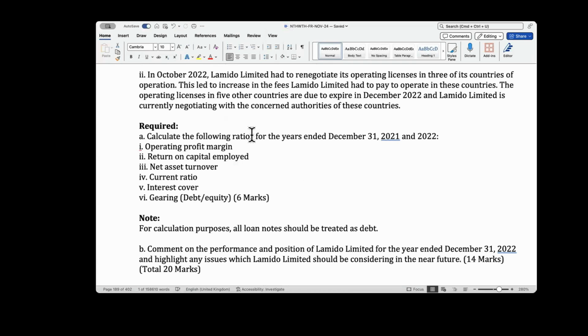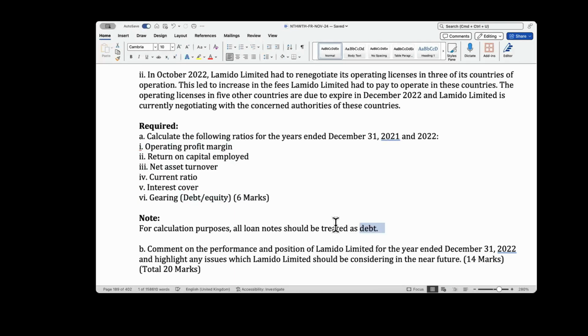They said calculate the following ratios for the year ended December 2021 and 2022: operating profit margin, ROCE, net asset turnover, current ratio, interest cover, and gearing. For gearing, they already told us how you should get it, debt to equity, 6 marks. So that shows this is 1 mark per ratio. Then for calculation purposes, all loan notes should be treated as debt.